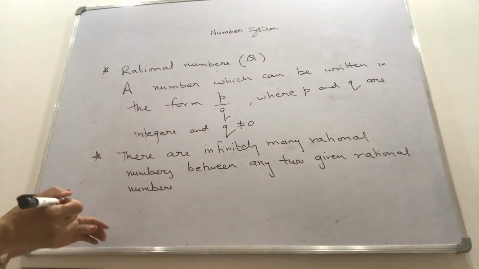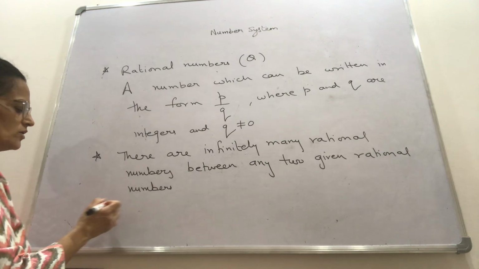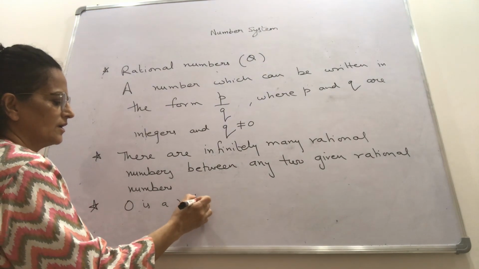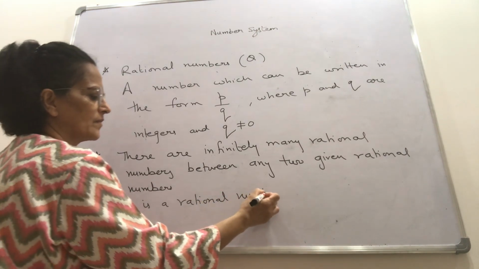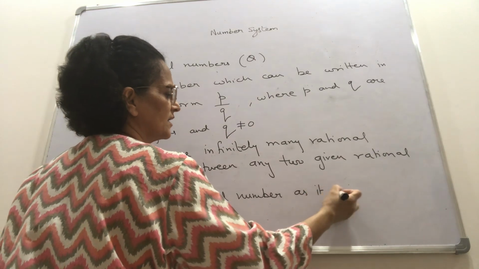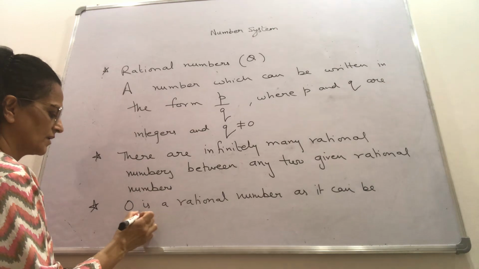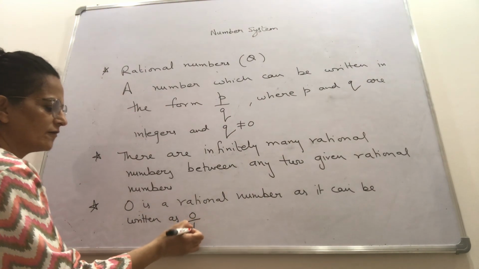We can also add that 0 is a rational number, as it can be written as 0 by 1.